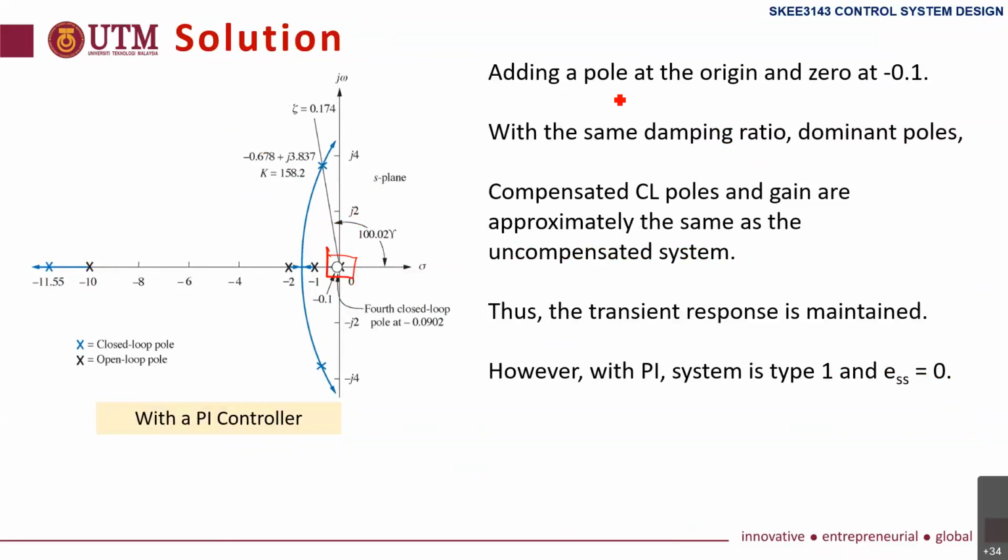So we add a pole at the origin and a zero at -0.1, with the same damping ratio of 0.174. The dominant pole now is here, -0.678 ± j3.837.